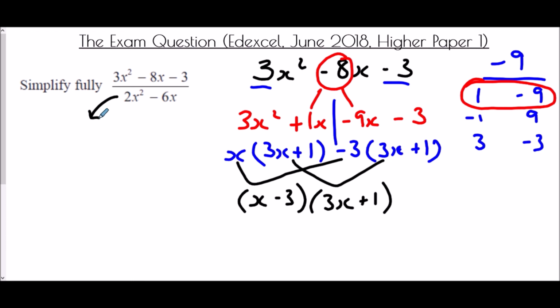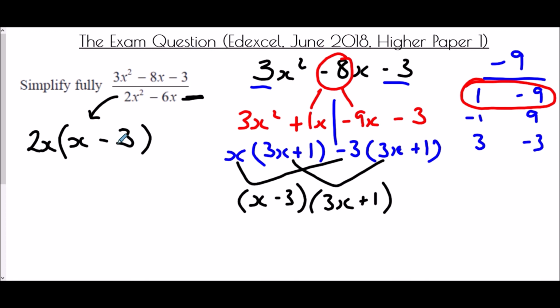Now this doesn't have a value for c at the end, therefore it is only a single bracket. And the common factor here would be 2x, as 2x goes into 2x squared and into negative 6x. 2x would be multiplied by x, and negative 6x, well, that would be negative 3.